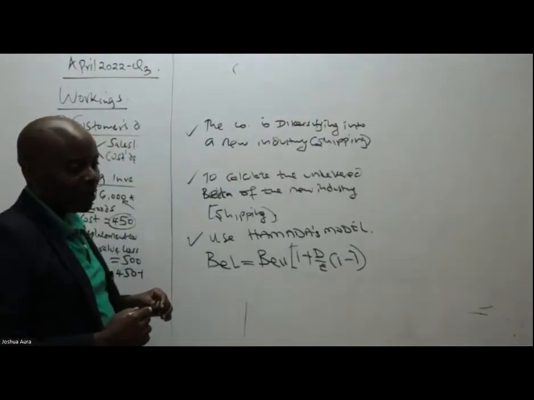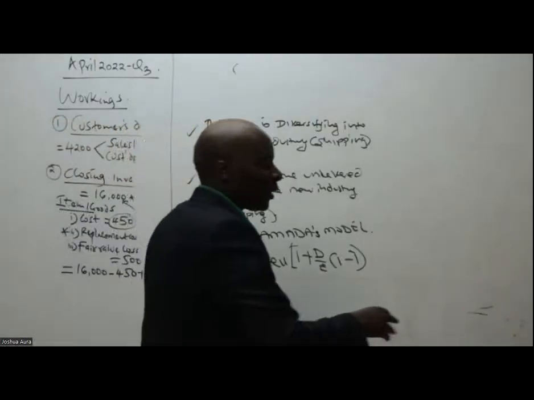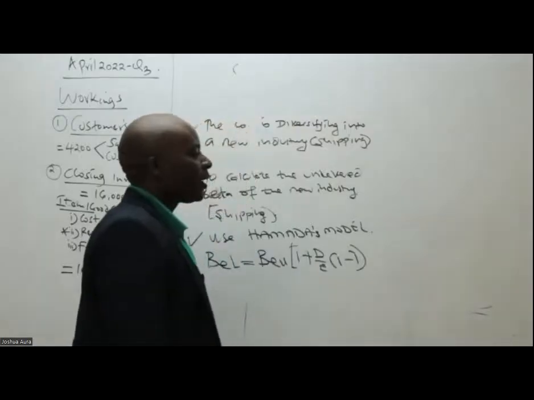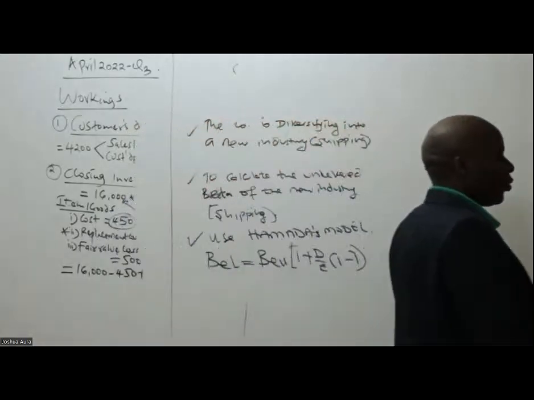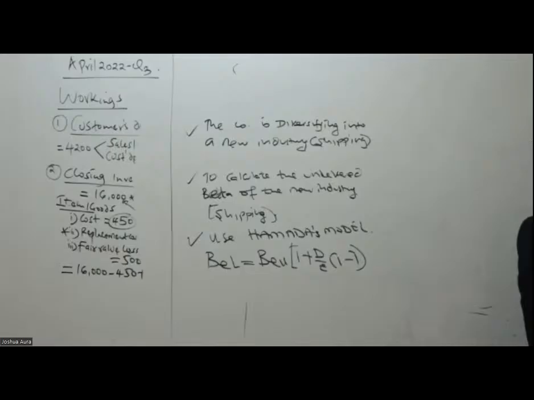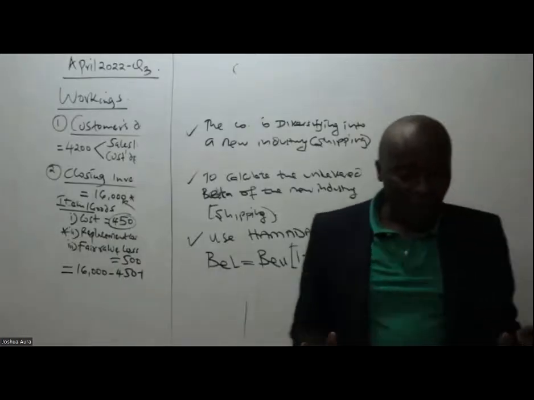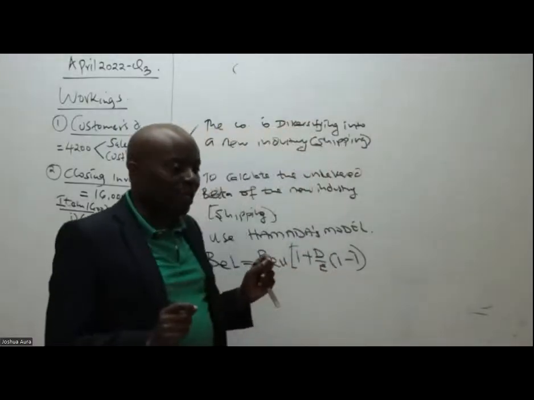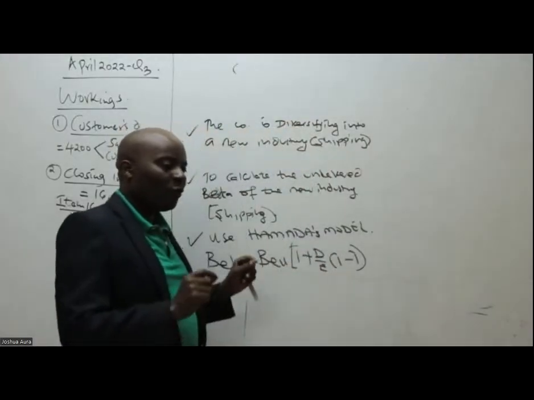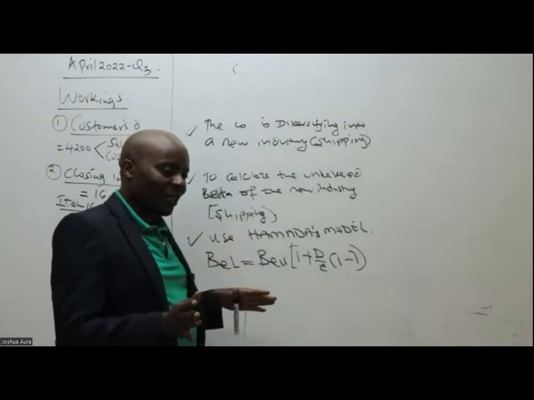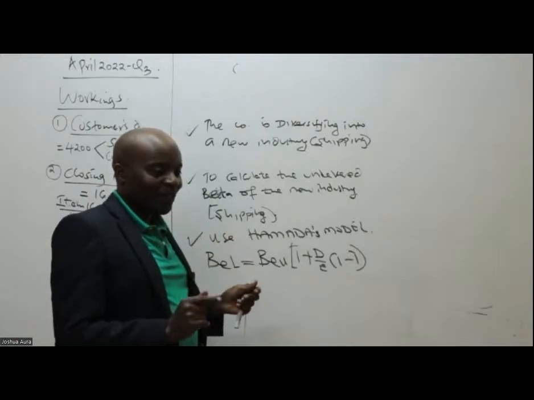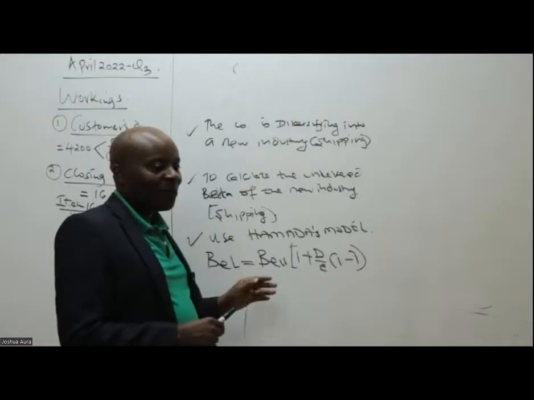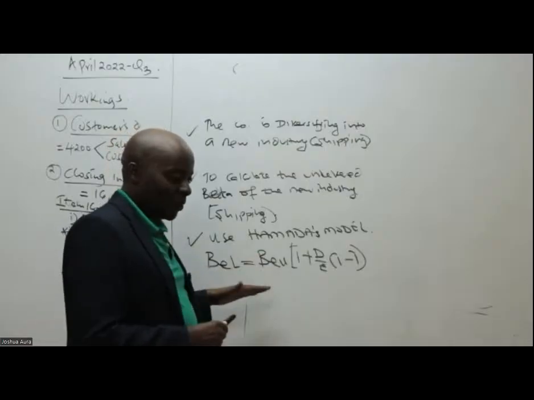First of all, I would want your confirmation that up to here, we are together. When you are diversifying into a new industry, that should be the first thing you need to do: give us the beta equity of the unlevered firm of the new industry. Up to here, have you been able to write?